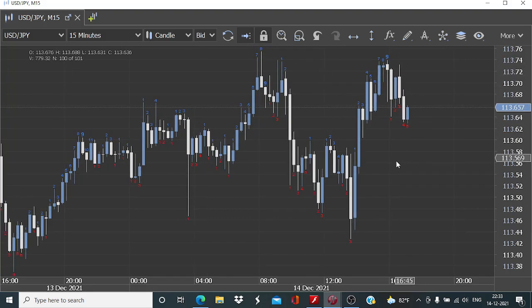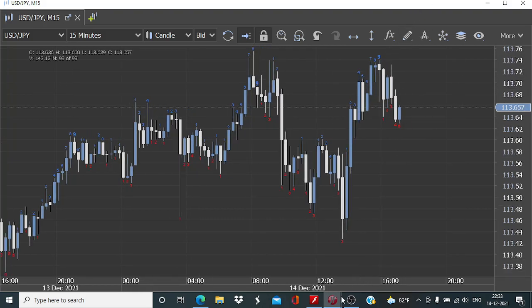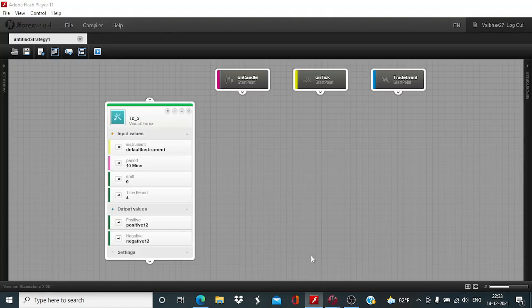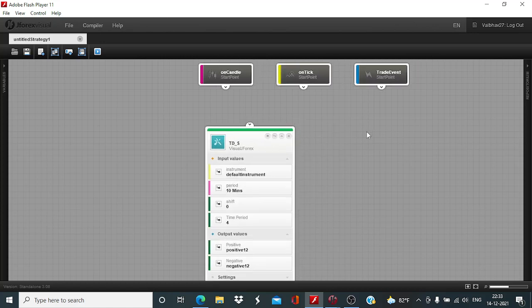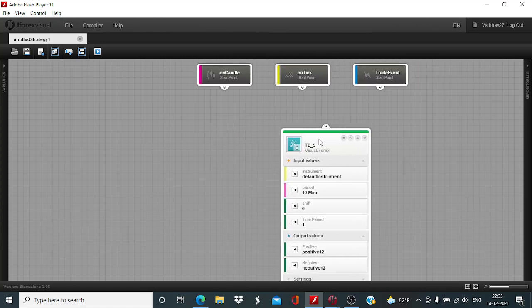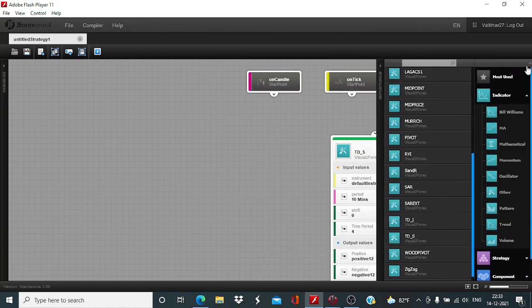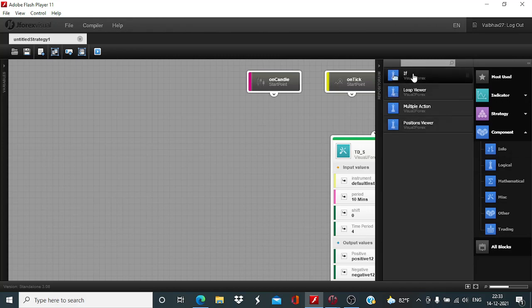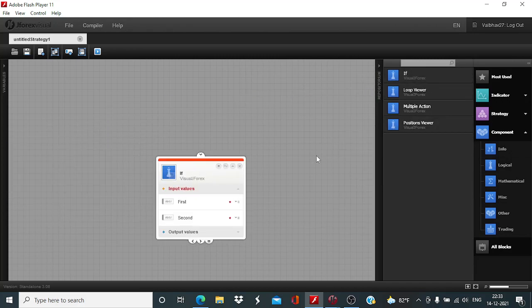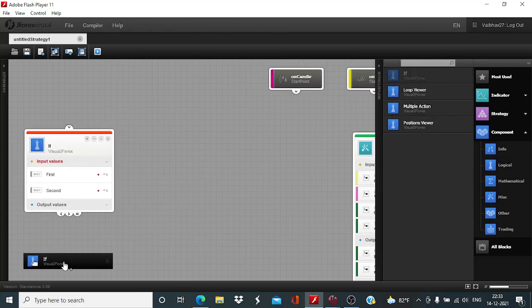So now let us head back to the Visual JForex board, and here we will have to add the if else blocks first to get the instrument subscription done.